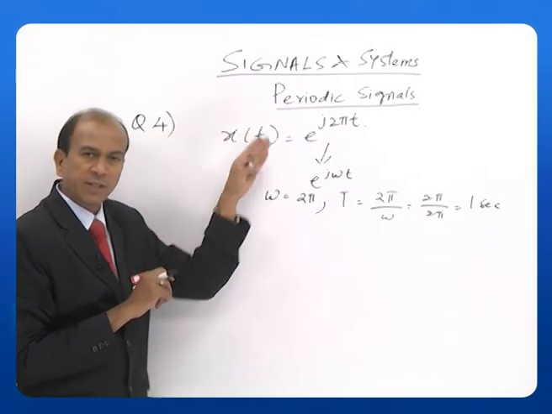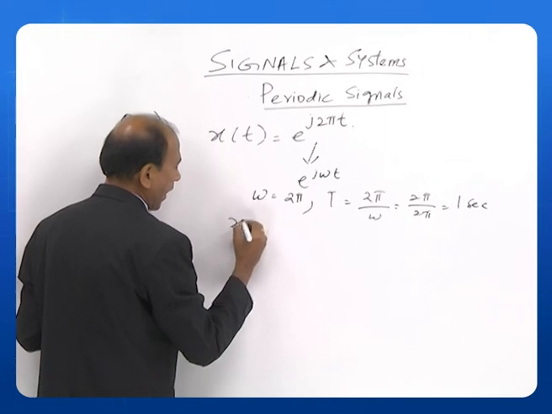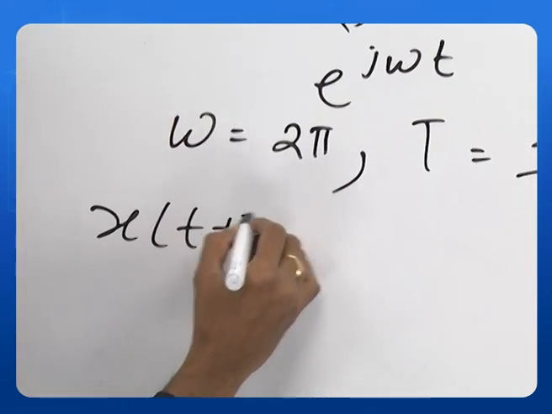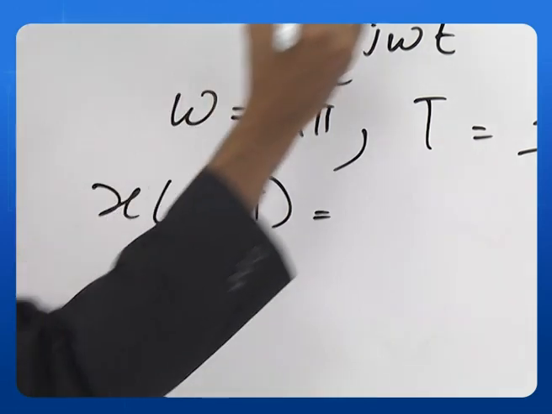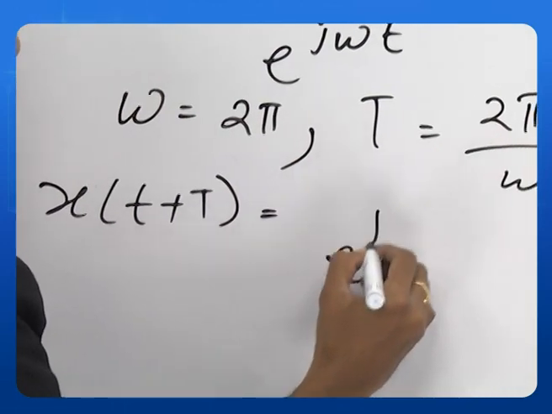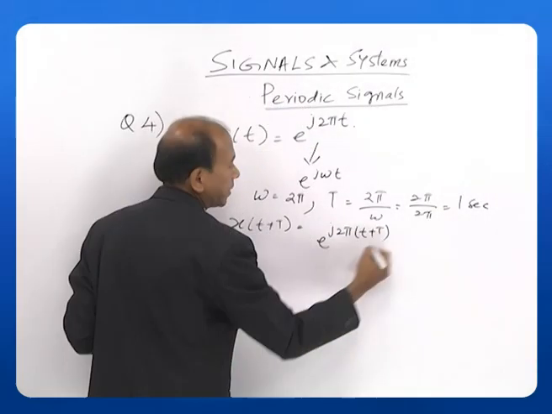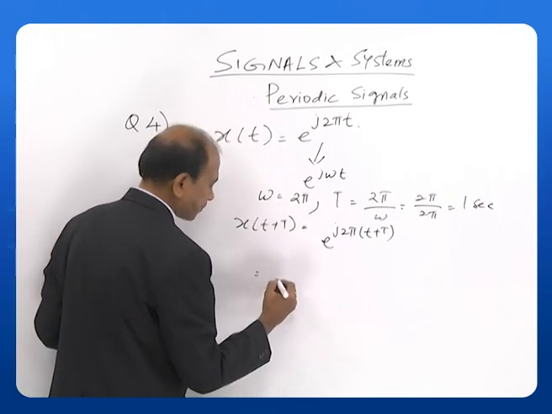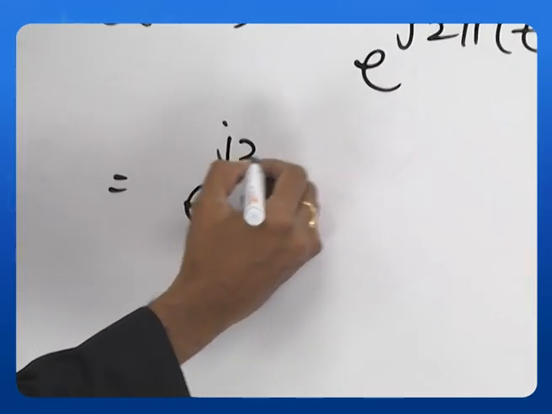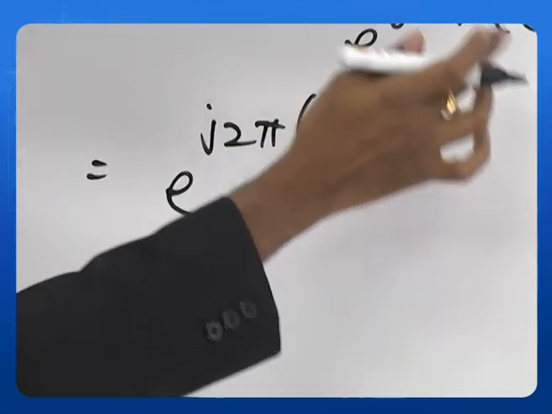Now we have to prove that this is periodic. So let us see. What is the condition for periodicity? X of t plus T must be equal to x of t. We will prove that. Now x of t plus T is nothing but exponential of j 2 pi into t plus T. So I can write this as e to the power of j 2 pi into t plus, what is T for us?